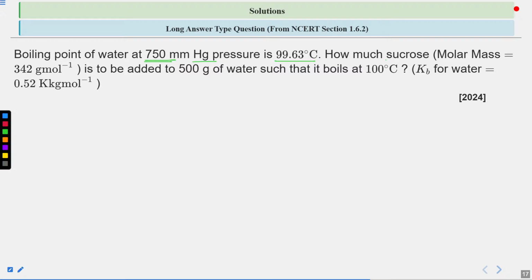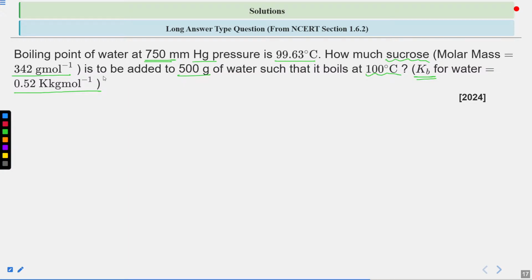How much sucrose, whose molar mass is 342 gram per mole, is to be added to 500 gram of water such that it boils at 100 degrees Celsius? The given quantity is Kb for water, which is 0.52 Kelvin kg per mole. So this is the whole question.